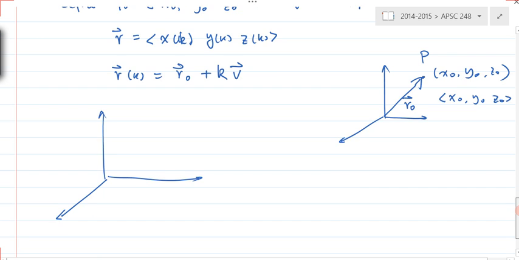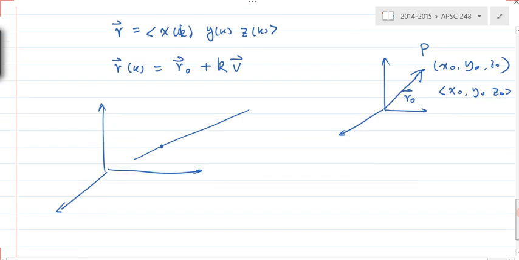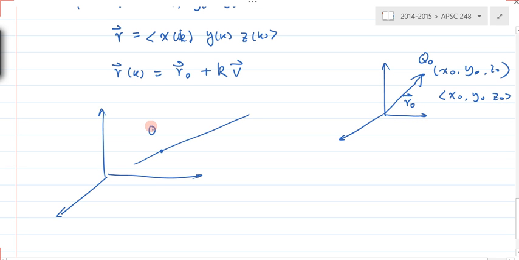Okay, let me draw this in a better way here. Yeah. This is the line we're looking at. Actually I call it Q naught. You mean the way you physically wrote your r's and v's? Yeah, just a second. This is a Q naught.